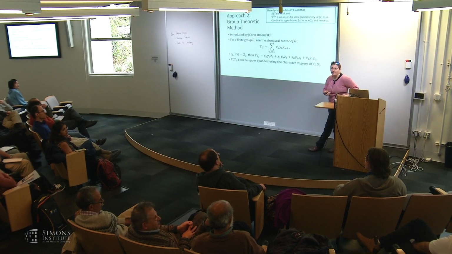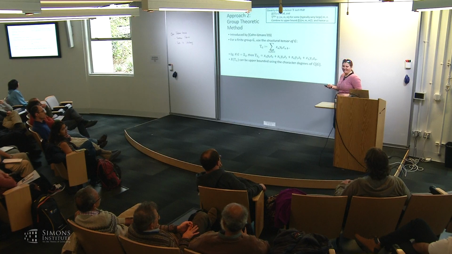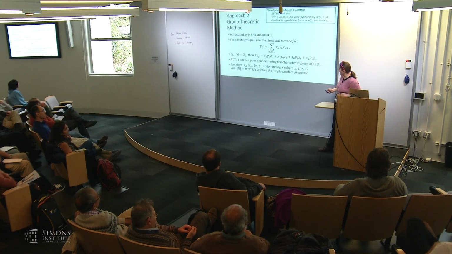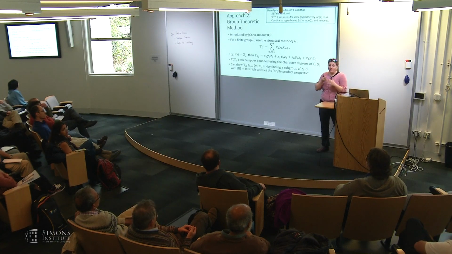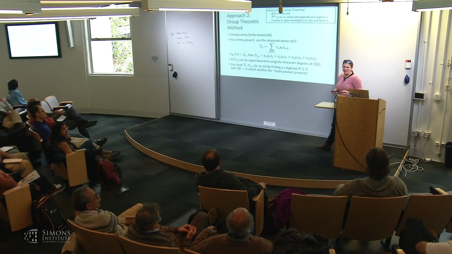Yes. Yeah. What is the bound you said? If your character degrees are d_1 up to d_k, it will be upper bounded by the sum over i of d_i to the omega. Oh, I see. So it's a nice bound.